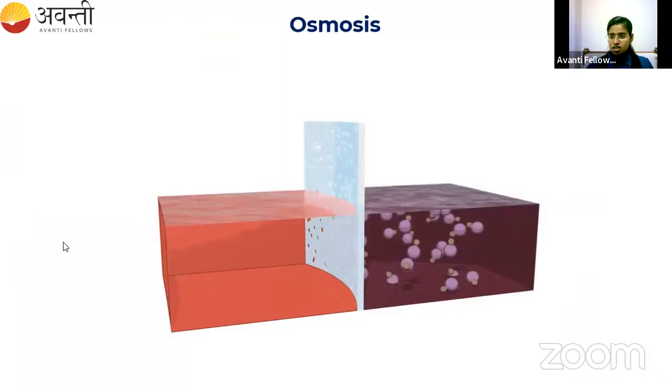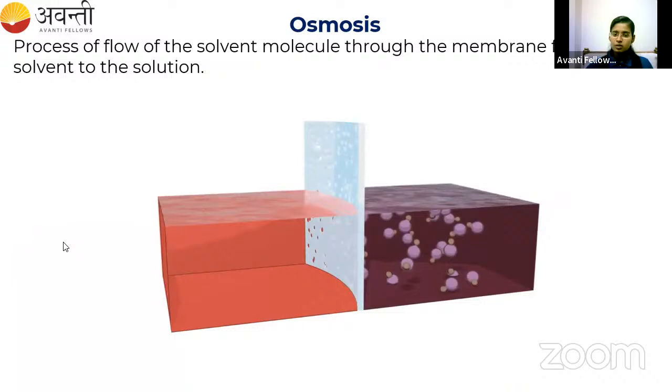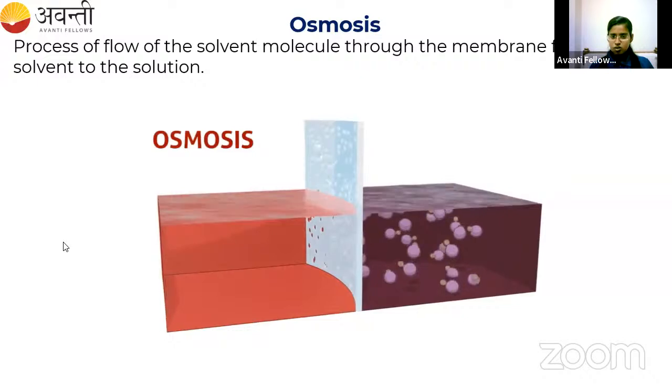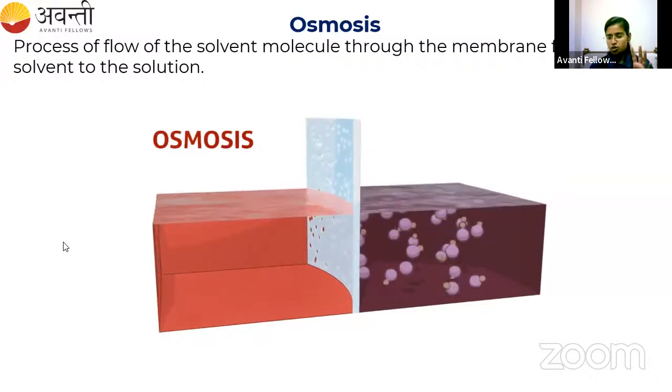Osmosis is the process of flow of solvent molecules through the membrane from the pure solvent to the solution. In the GIF which you can see here, this shows the process of osmosis.